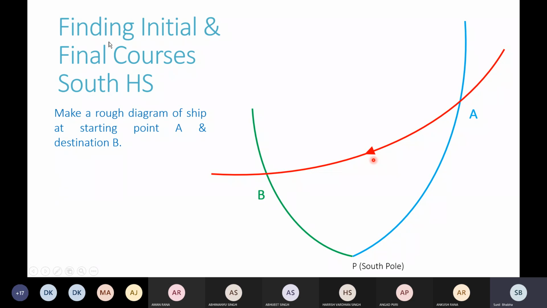So we have to first make a rough diagram of the ship at our starting position A. We have it on the screen now, and we have to make the rough diagram at our destination position B. This is how the ship will be proceeding on the great circle track.